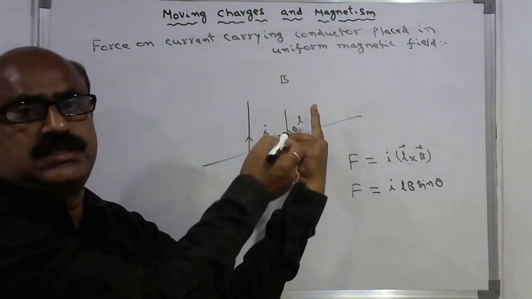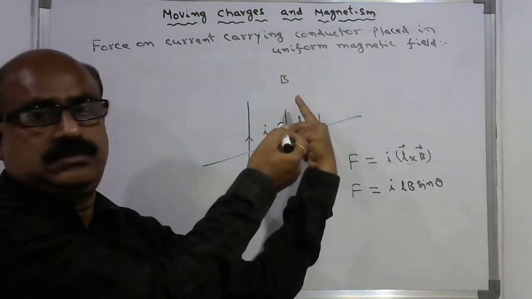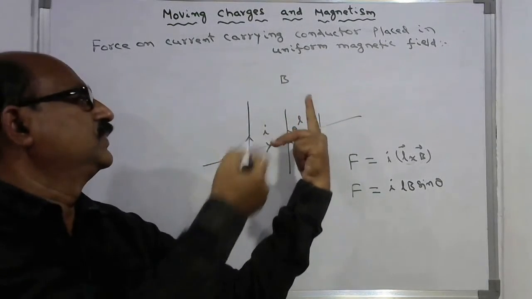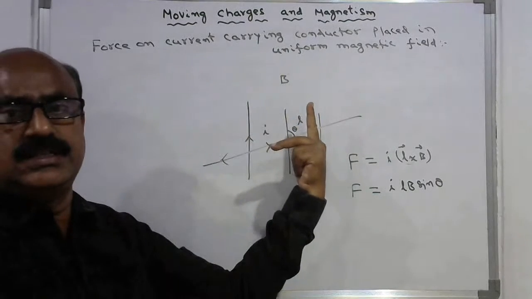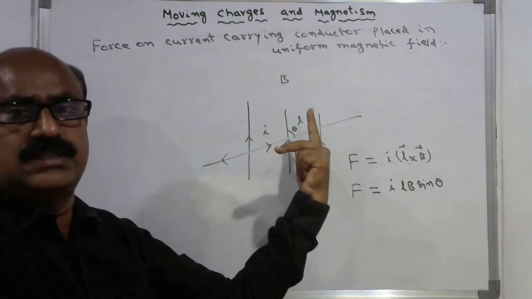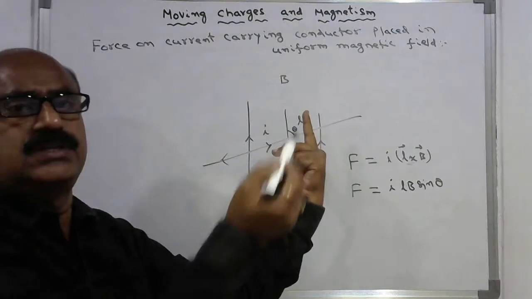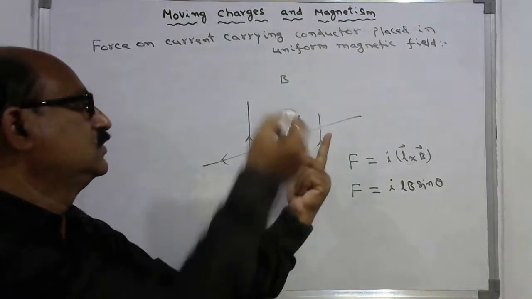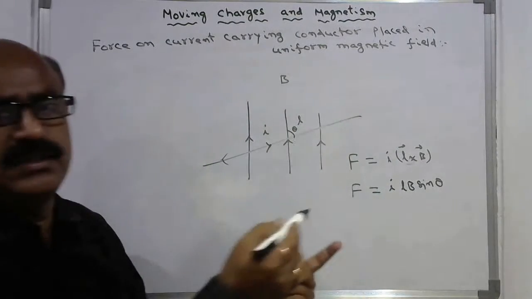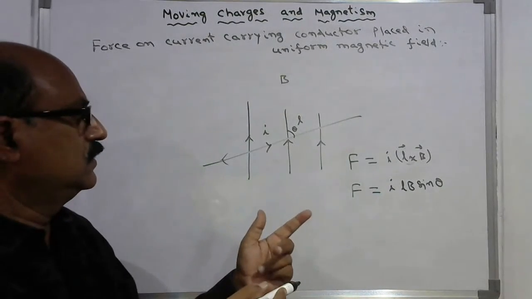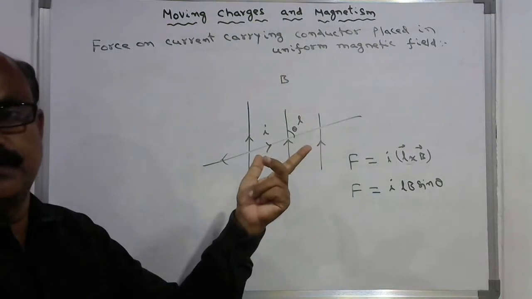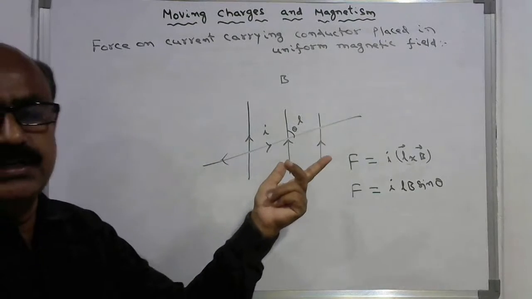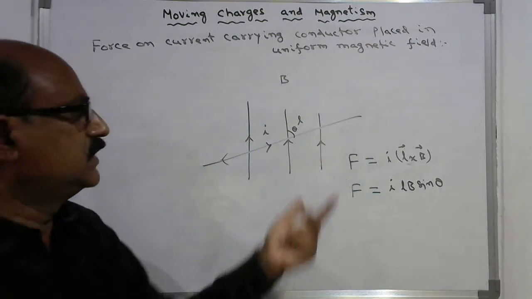I just changed the direction of current in this way, and the magnetic field direction didn't change, but the thumb is pointing towards the board. So the force acts towards the board. So this is how the force on the current carrying conductor can be identified using Fleming's left hand rule.